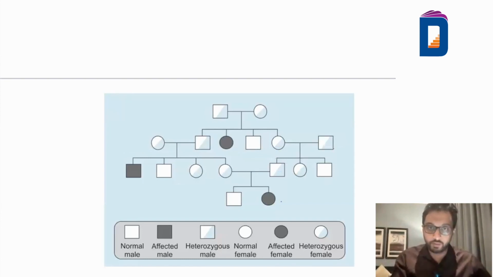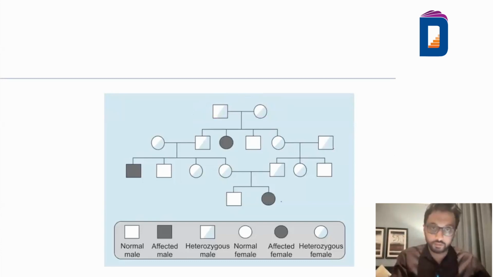If there is no sex predilection, see if the parent is affected or not. Here it's very, very clear. Both the parents are carriers. That half shading, that's why I told you in the previous one that half shading is on. So the parents are not affected, they are carriers, which clearly gives you the answer that it's autosomal recessive.